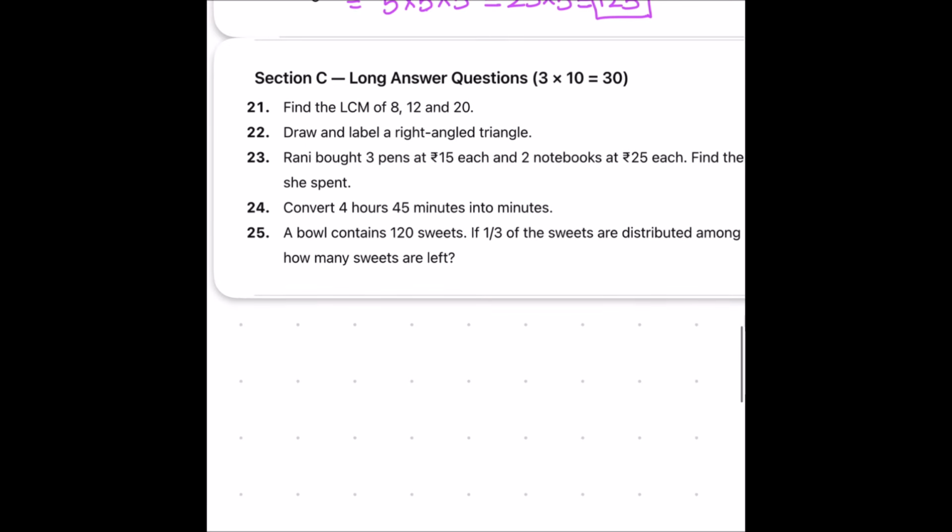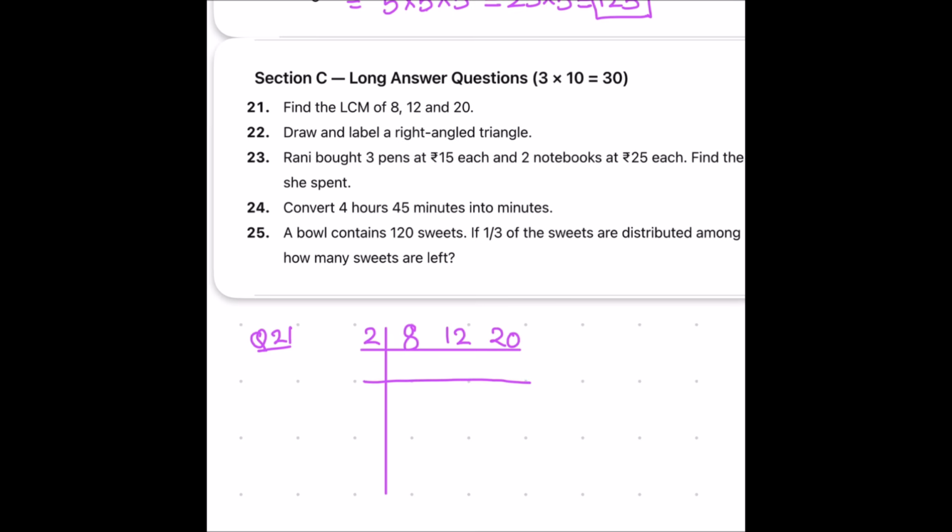So let's find the LCM here. Question 21. To find the LCM, we are going to use the prime factorization method. We'll write all the 3 numbers like this in a single ladder and find the factors.